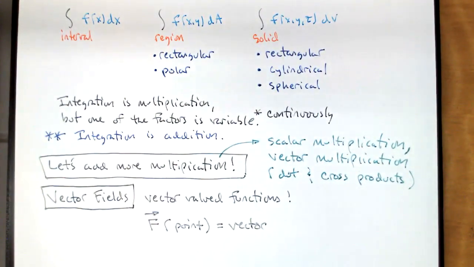So a vector field will take each point in the space and assign a vector to it. So instead of assigning a number to each point, we're going to assign a vector to each point.